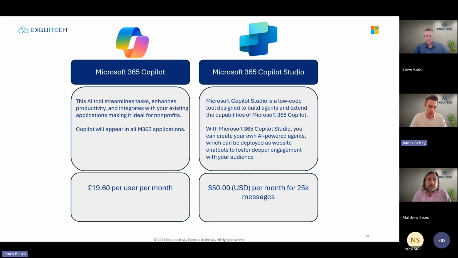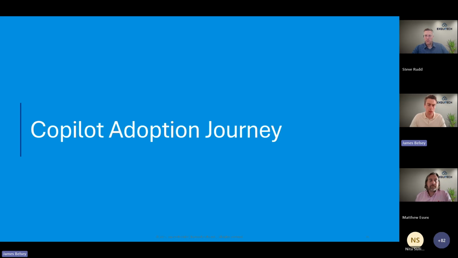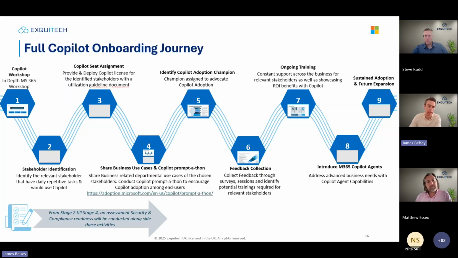If I move on to the Copilot adoption, here we have a Copilot adoption journey that we have implemented time and time again. It has this many cogs, but I'm not going to talk you through every single point here. The purpose of the slide is to know that we've done this before. We know what gets the best results in terms of return and engagement.